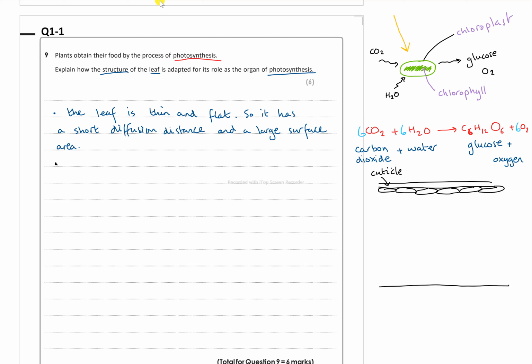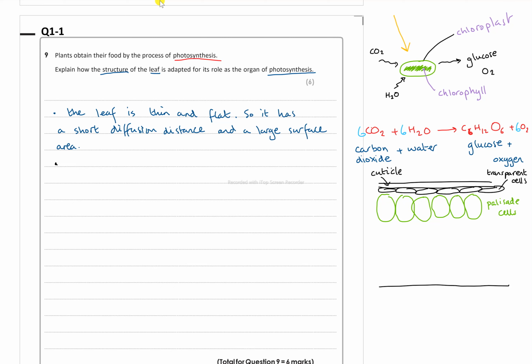I think that's how it's pronounced. Right, you've got a layer of transparent cells. They allow light through. Then you have a layer of densely packed palisade cells.